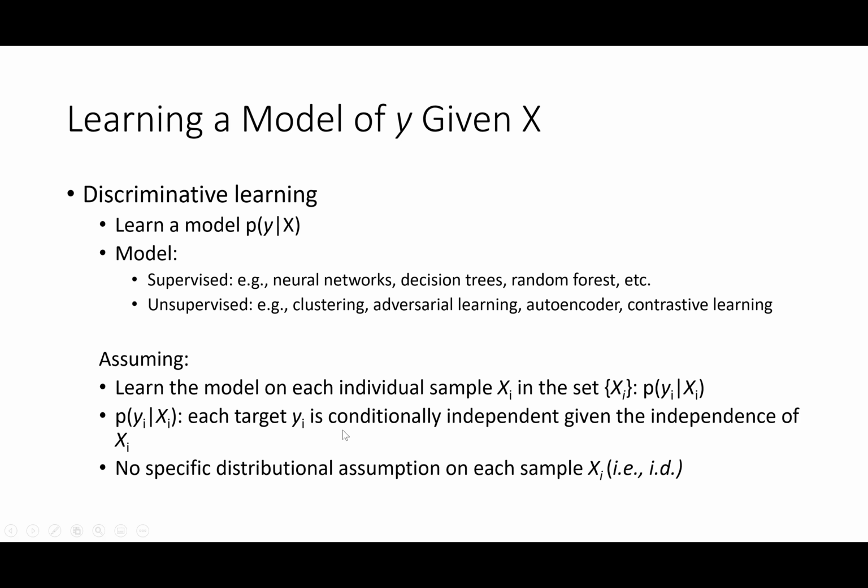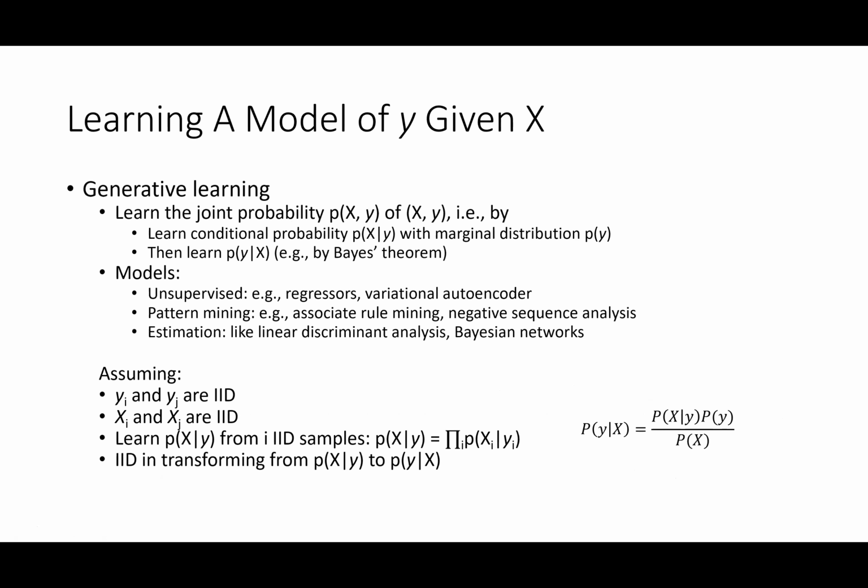So here you see there's independent and ID, so there's IID, right? That's in a typical setting, right? But in the more complex setting, as I will introduce today, you will see it could actually go to non-IID for discriminative learning.